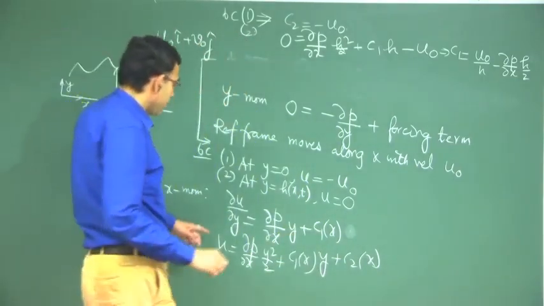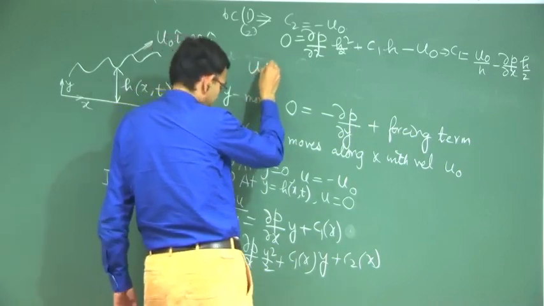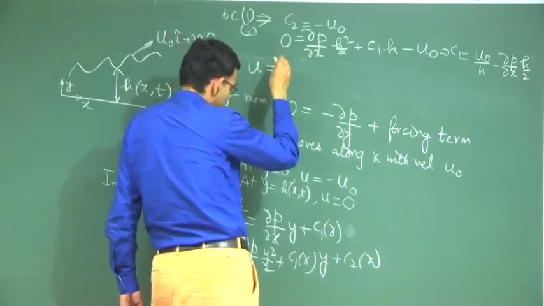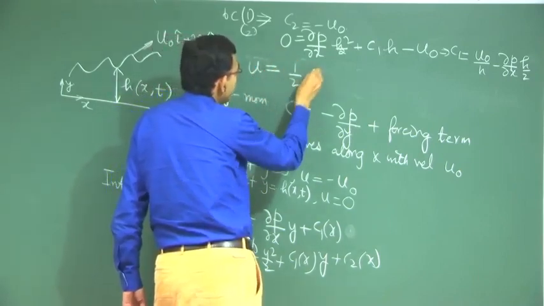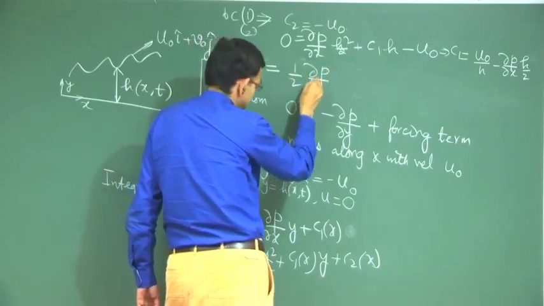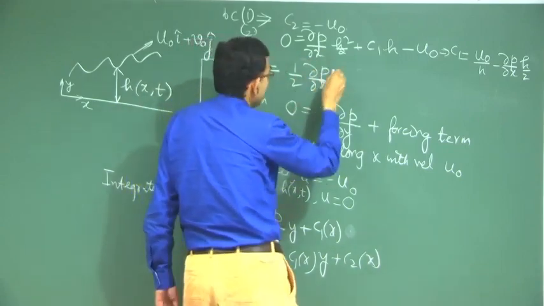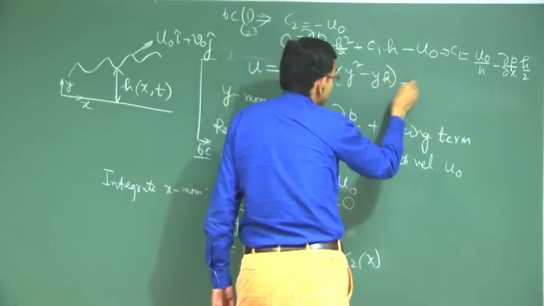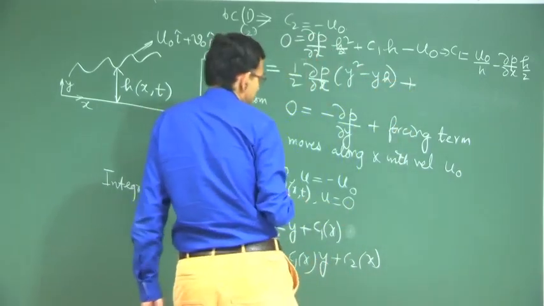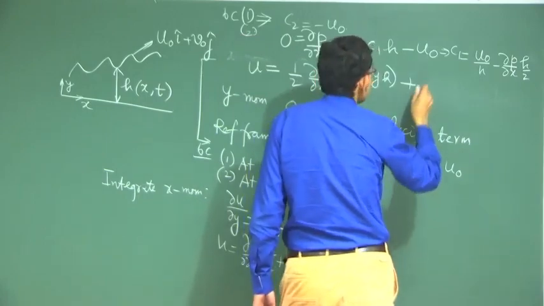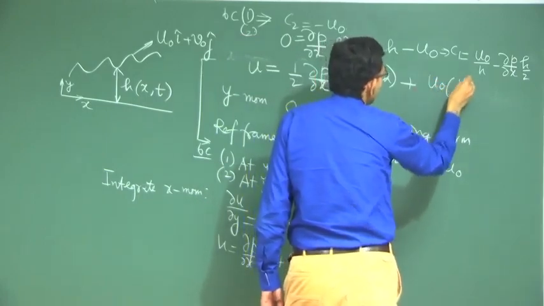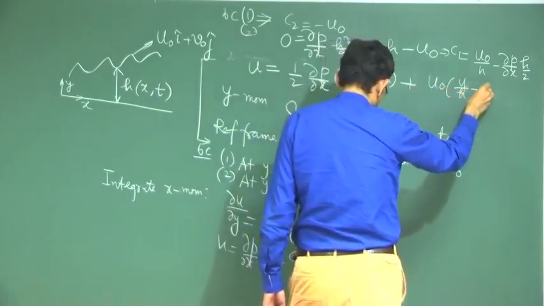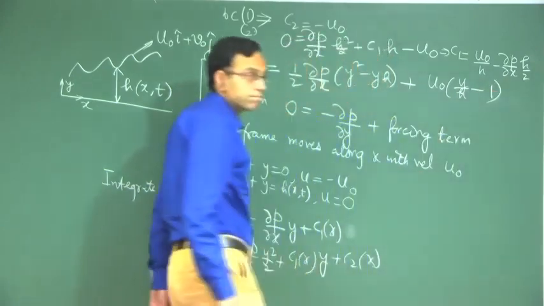So the velocity profile becomes u is equal to 1 by 2 into the pressure gradient into y square minus yh plus u0 into y by h minus 1, right.